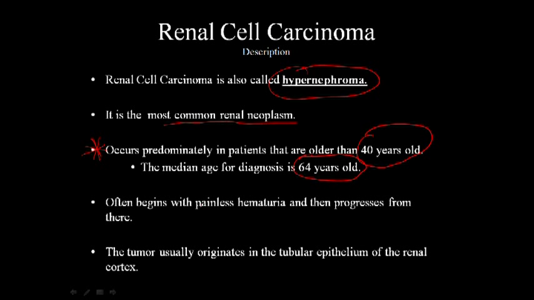It often begins with painless hematuria. It begins with you just having blood in your urine, but you don't know why, and you're not experiencing any pain, so oftentimes you just kind of disregard it, and then it progresses from there. The tumor usually originates in the tubular epithelium, the renal cortex, so associated with the renal cortex. Keep that in mind. That's where it usually begins.